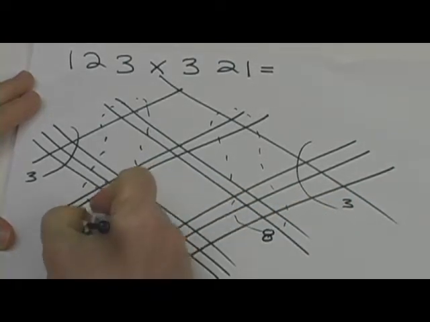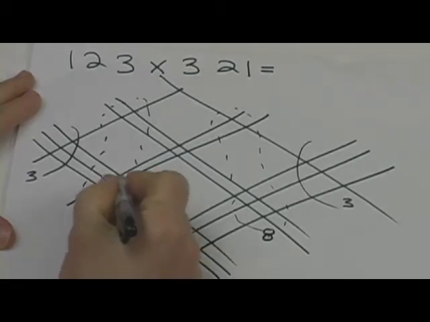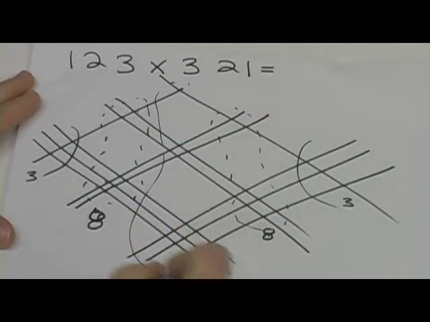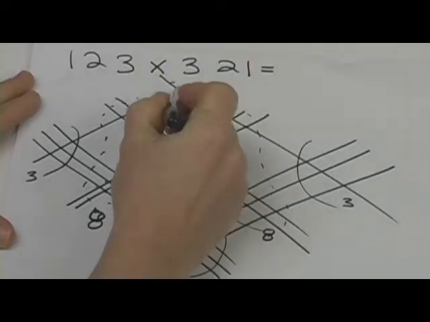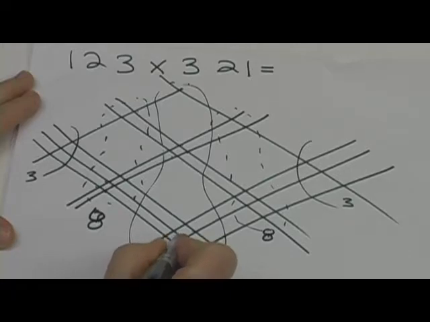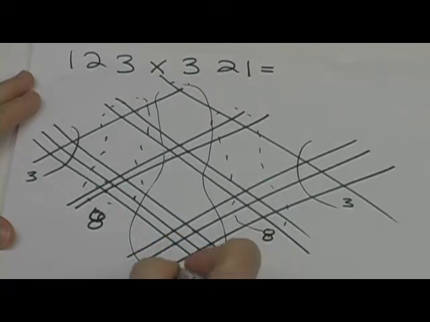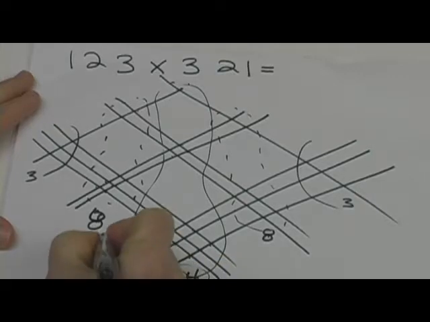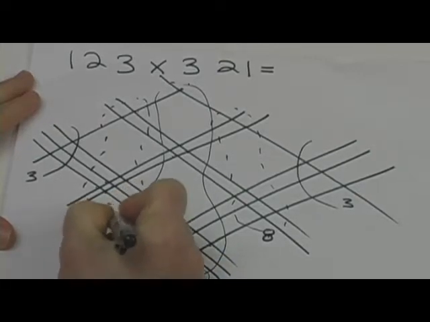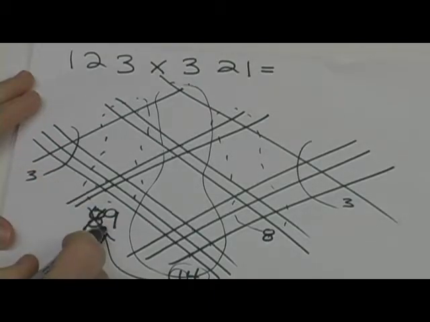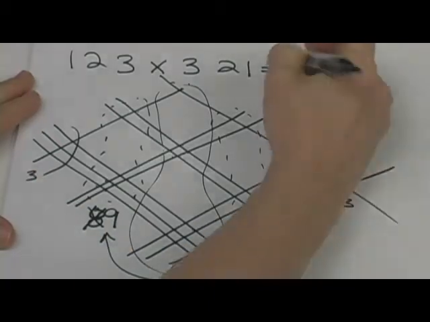Oh, I made a mistake here. That should be an 8 because this one's 6 plus 2 is 8. Now let's add up the ones in the middle. So I've got a 1, 2, 3, 4, 5, 6, 7, 8, 9, 10, 11, 12, 13, 14. Remember this is a 2-digit number, so take the 1 and add it to this number, which becomes 9. My answer is 39,483.